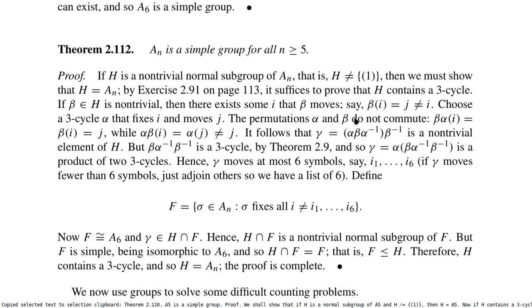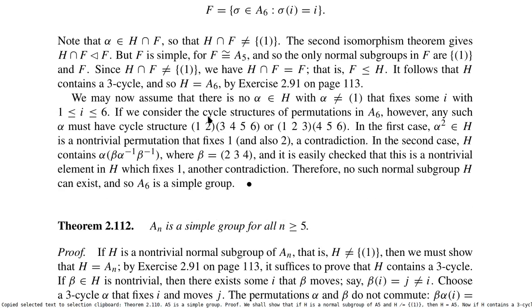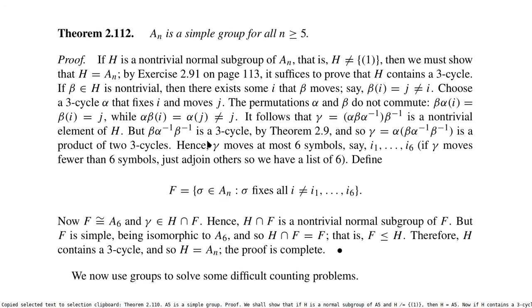If we cannot make sense of this, maybe we'll go and check this one. So An is a simple group for all n greater than or equal to 5. You take a non-trivial normal subgroup of An, right? So we have to show that the normal subgroup has to equal the alternating group itself, that is, that it has no proper normal subgroups.